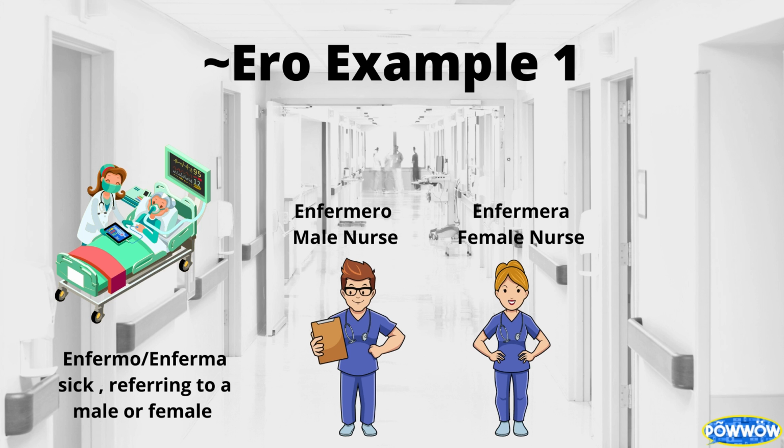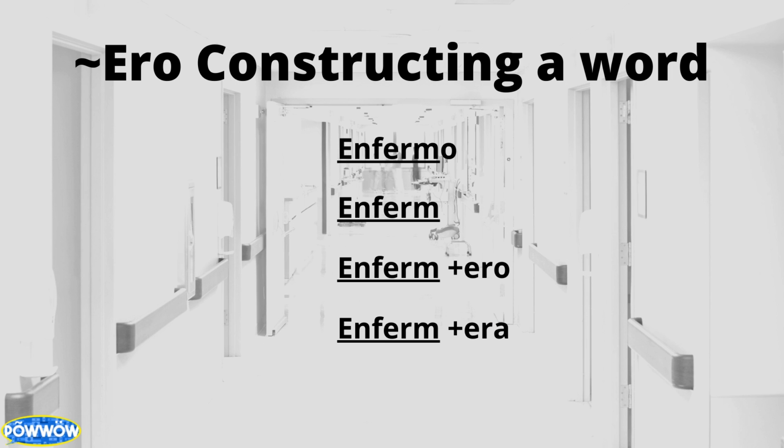Now, let's go over how to construct that. So now, using our ero suffix, let's take the adjective enfermo. And what we're going to do is add the suffix ero to it. In order to do this, we will first have to remove the o from the end of the word. So we start with enfermo, and then we have to remove the o.